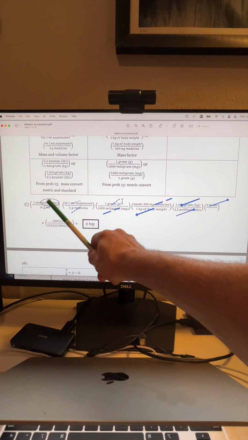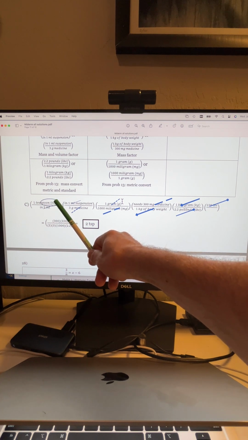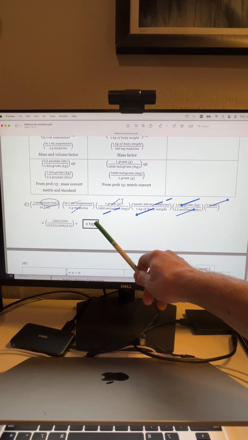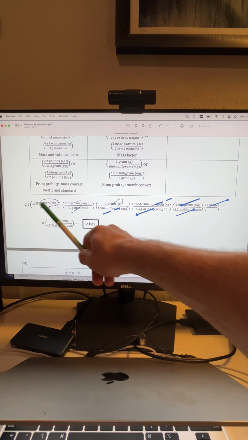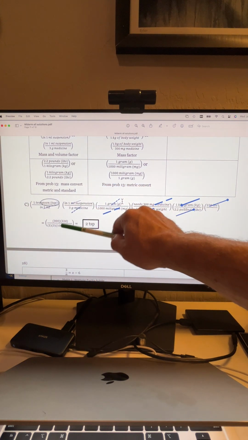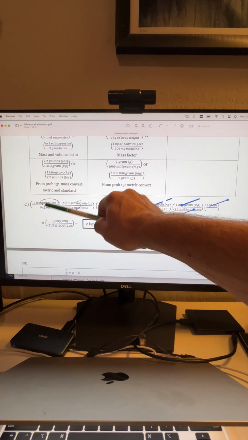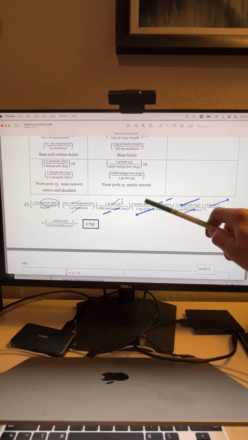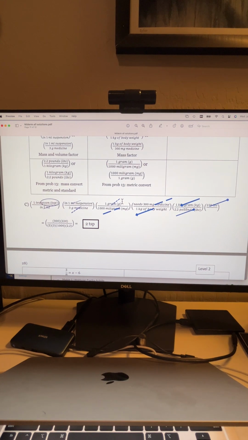Once again, I circle the only words left. That is a double check, maybe even triple check, to make sure that I have the right words in the answer. And then I took all the numbers and wrote them out separately, because when I took chemistry, decades ago, good grief, I'm old, I remember forgetting that number in my calculator, so I got in the habit of rewriting it. And you should get 2 tablespoons.